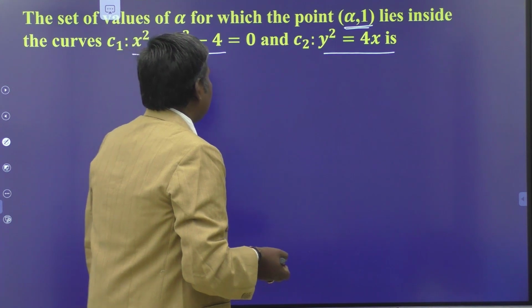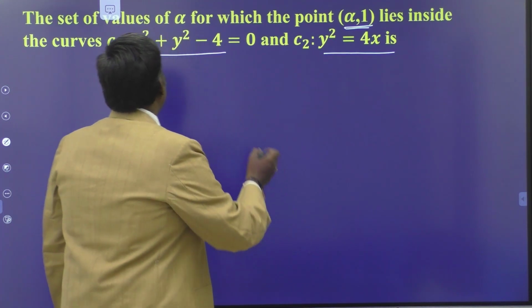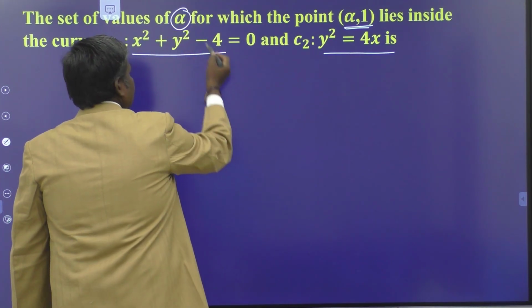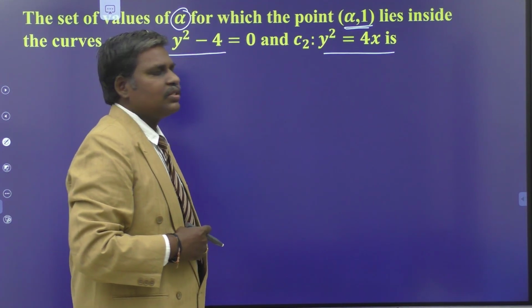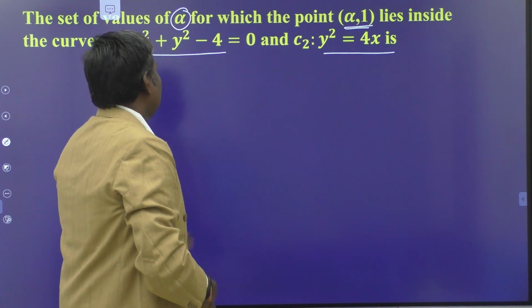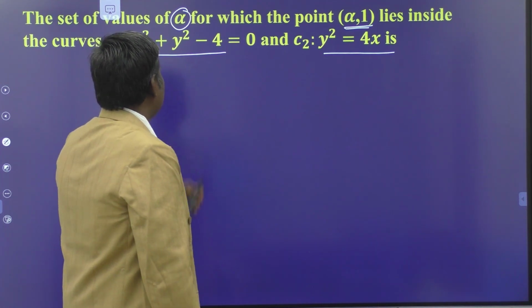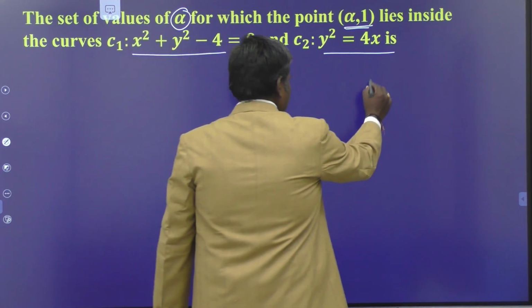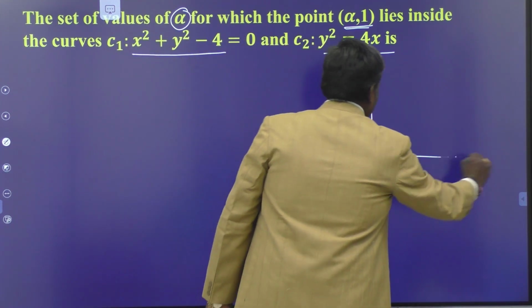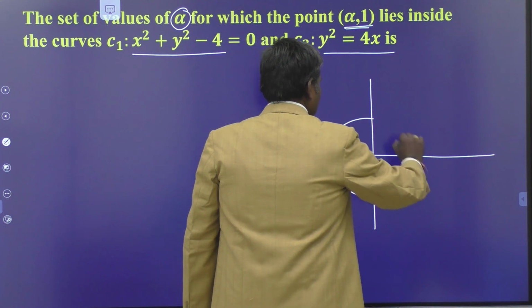Then we have to find out the range of alpha. What is alpha here? It is the x coordinate of the point. Clearly you know that these are two standard forms, one is a circle and the other one is a parabola. See here, these are the coordinate axes. This is the circle.